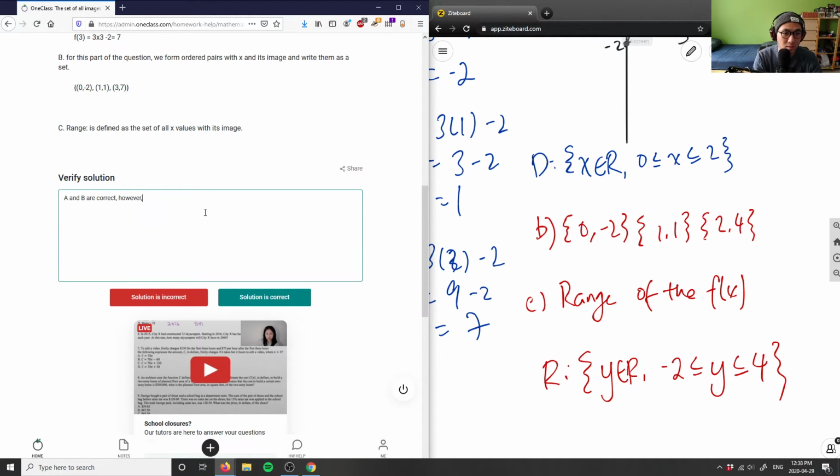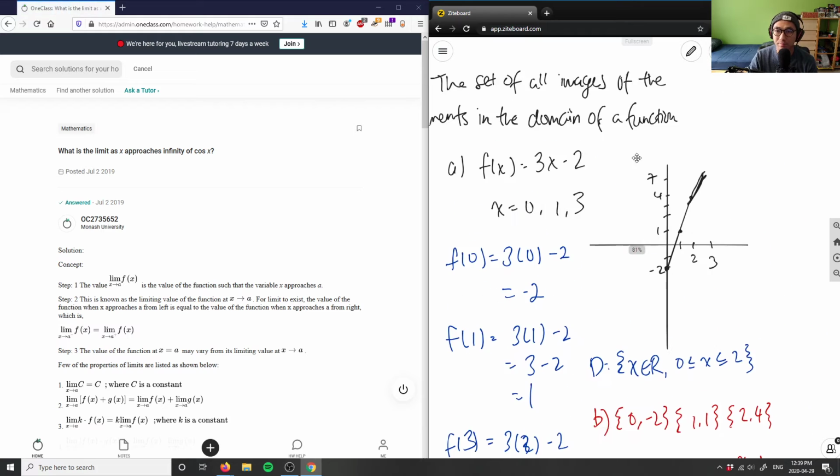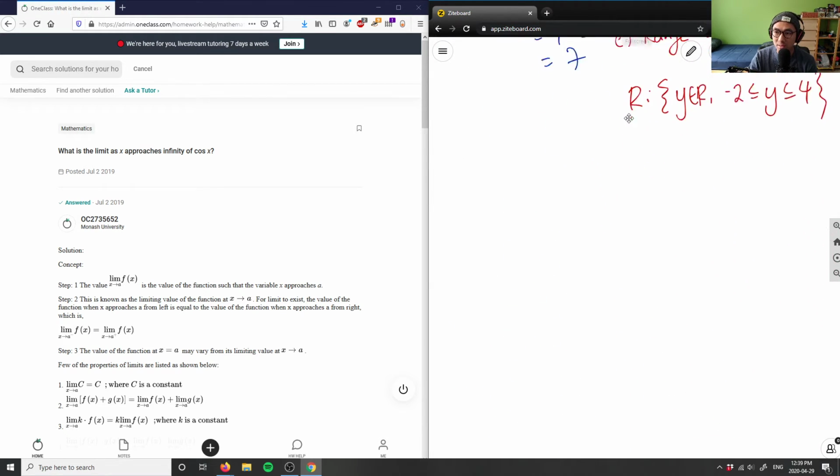However, C states that the range is defined as a set of all x values with its image, when range should be defined as the set of all y values with its image here. So I'm going to say the solution is incorrect, just so we can correct this solution as well. Okay, that's number 8.